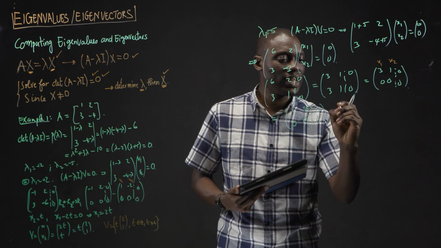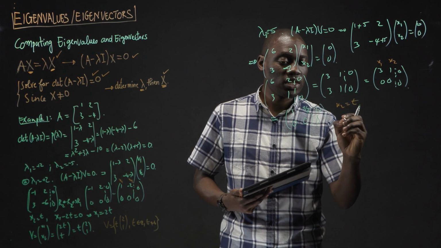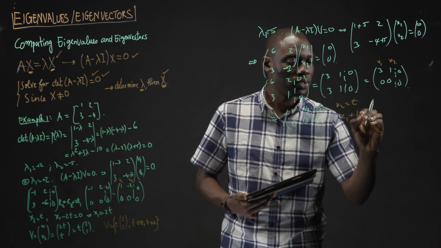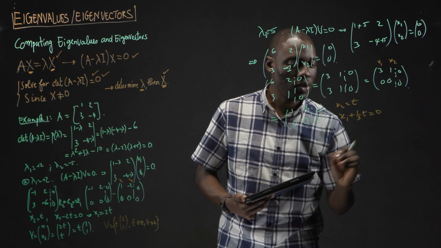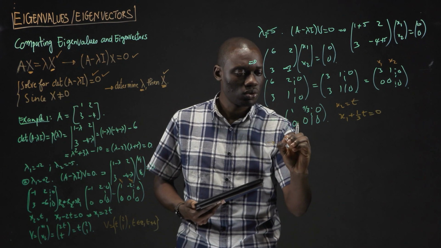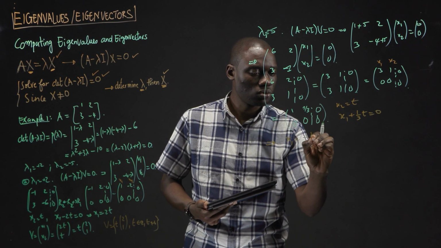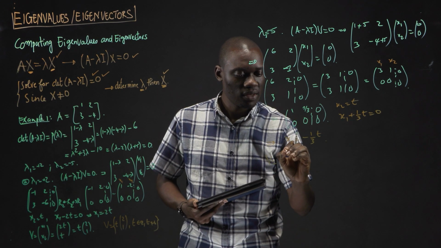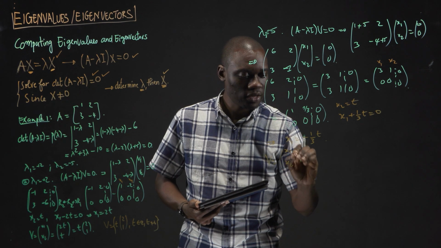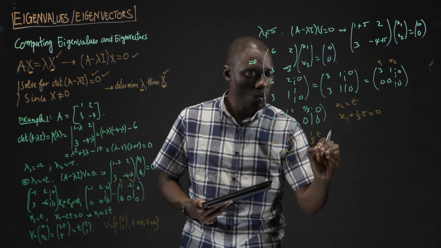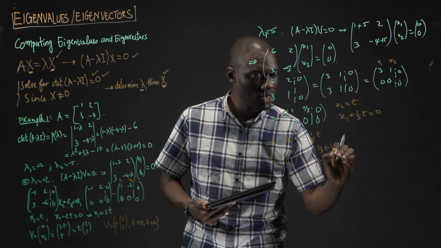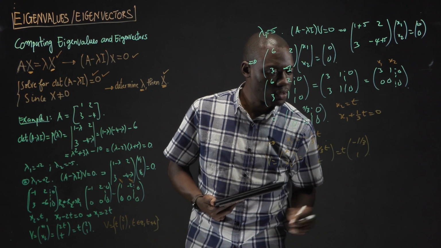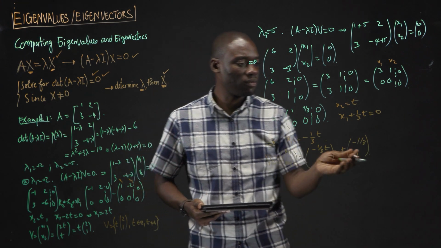So with this, I can have x2 equals t. So I have x1 plus 1/3 of t equals 0, which leads to x1 equals minus 1/3 of t. So for my vector v, x1 is minus 1/3 of t and x2 is t. So I have t times [minus 1/3, 1].